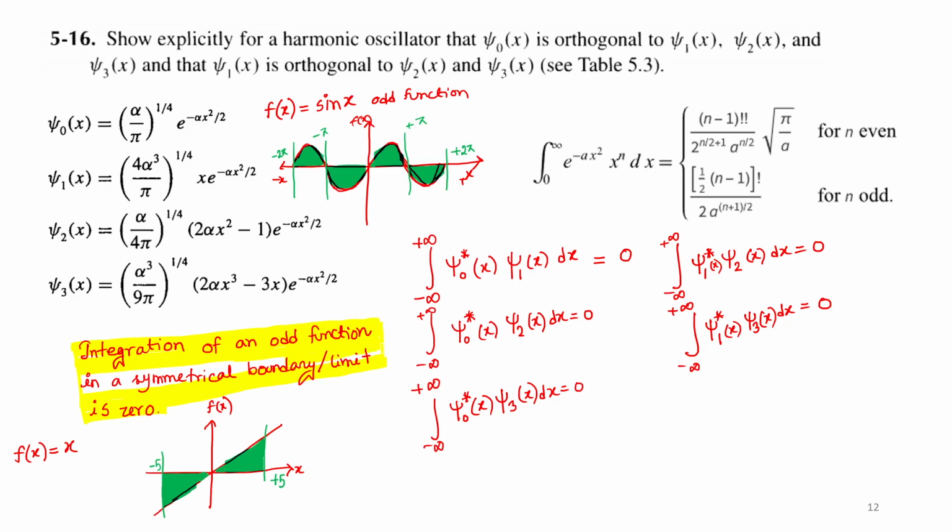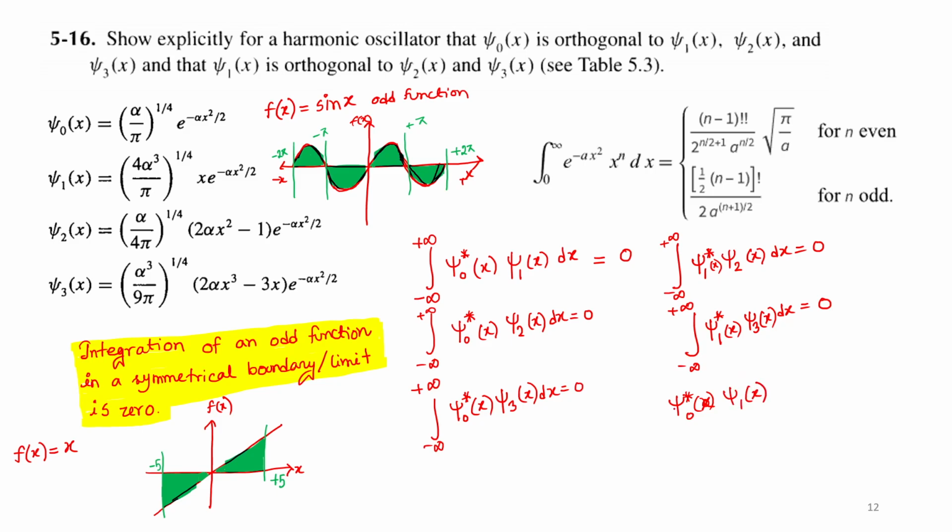We can do the integration, because I have given you some standard integrals also, and you can perform the integration. But why do that if you can get it easier? So see, your psi 0 star x psi 1 x.